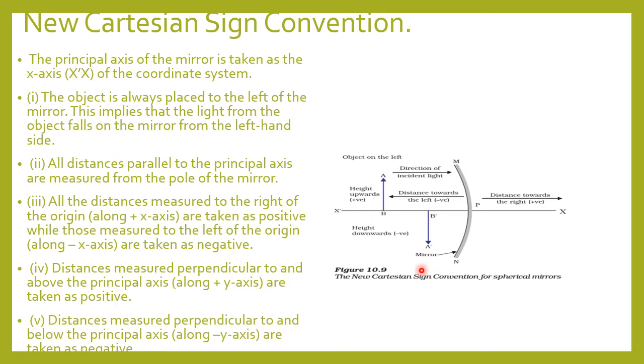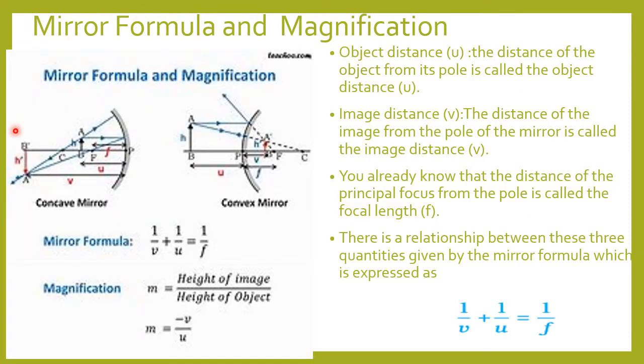I hope you are getting this. You have to treat this as your Cartesian coordinates. Treat the mirror as your y-axis and the principal axis as the x-axis. So anything above and below, like that we have to consider. These are your new Cartesian sign conventions.